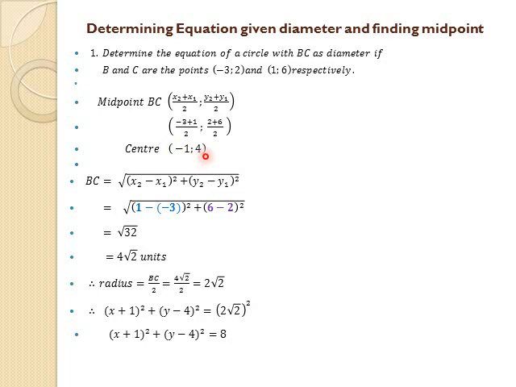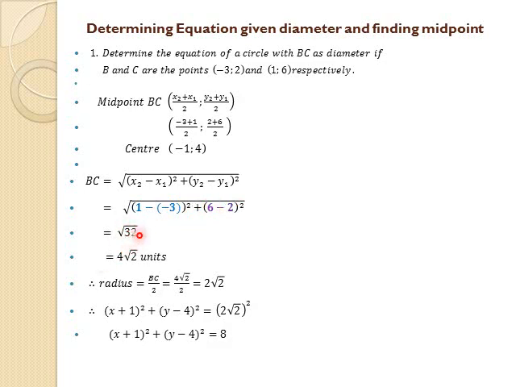I also need the length of the diameter so that I can get the radius. So my length BC equals the square root of (x2 - x1)² + (y2 - y1)². So 1 minus -3, and 6 minus 2. That gives me 4 squared, which is 16, and 4 squared, 16. 16 plus 16 gives me square root 32.